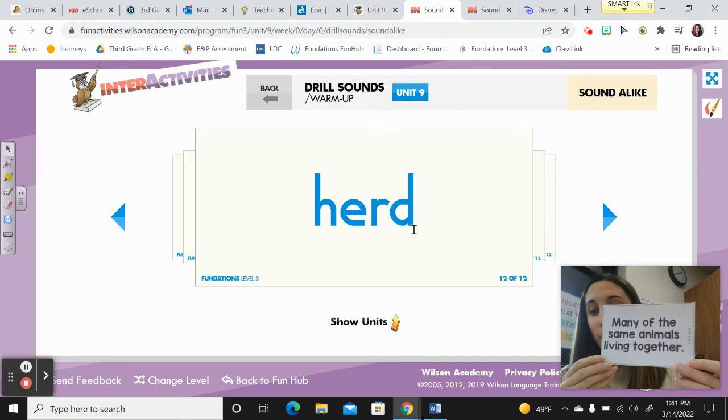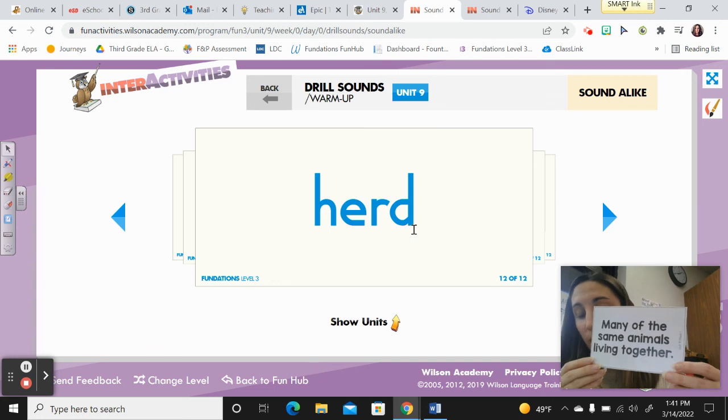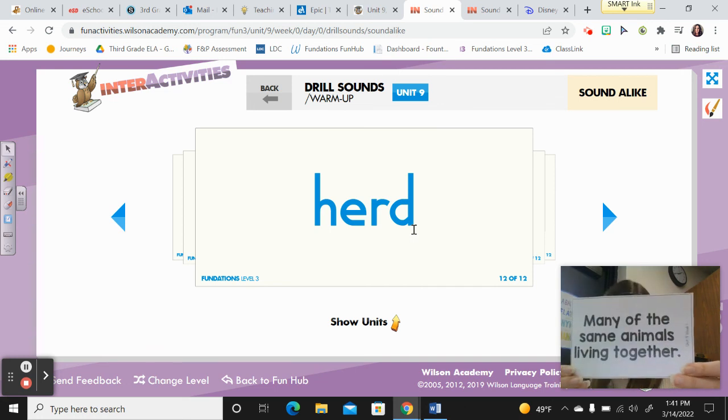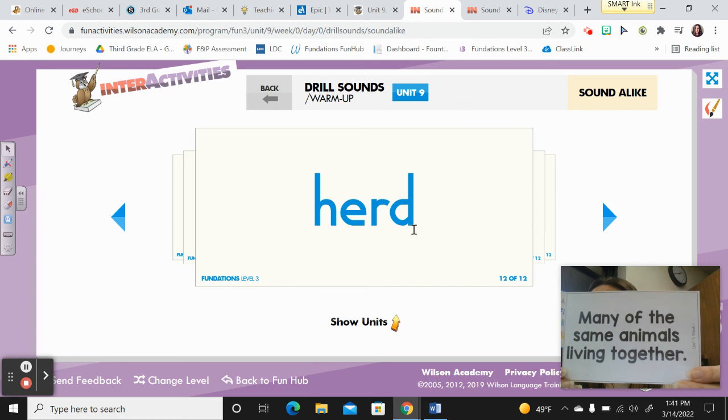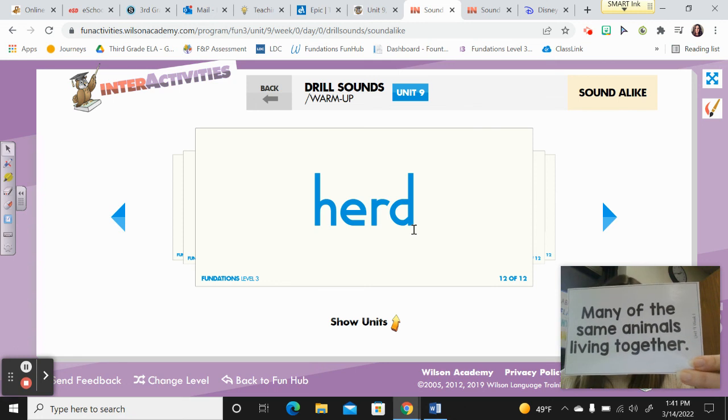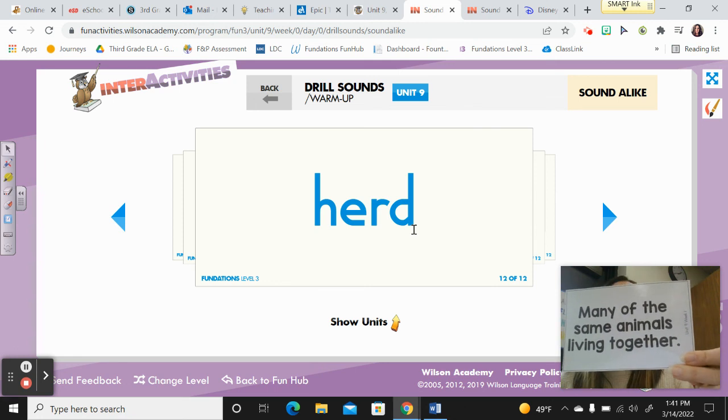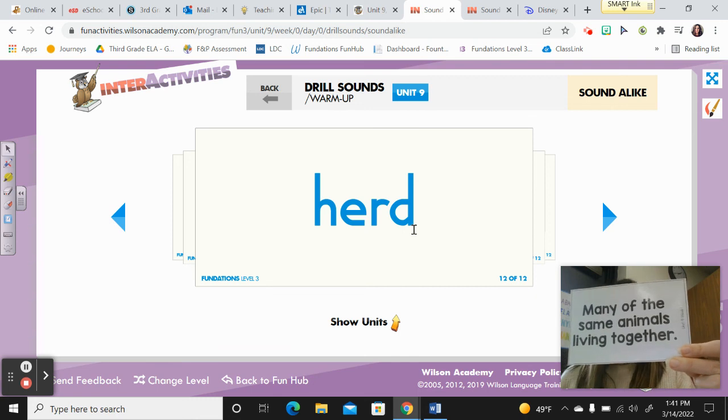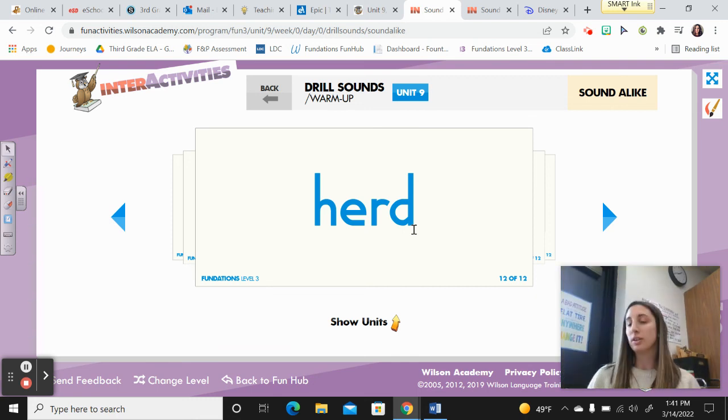You could have a herd of cattle. So go ahead and add this definition on page 96 as well. Many of the same animals living together. And since I think of herd of elephants, we're going to act like animals. Get your trunk. When you have many of them together, that is a herd.